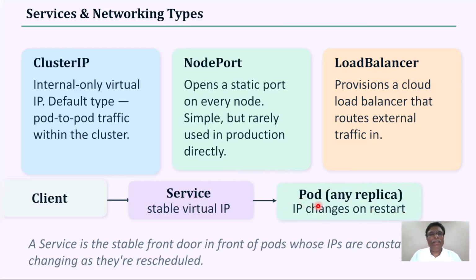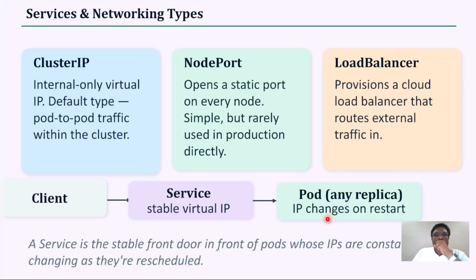So this basically means that a service is the stable front door in front of pods whose IPs are continuously changing as they are rescheduled, because you are trying to run a pod which has a specific IP, and that IP is used to access that pod.